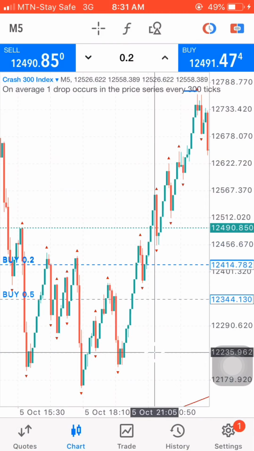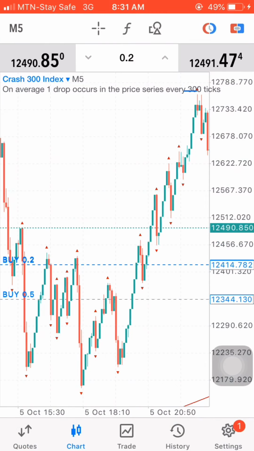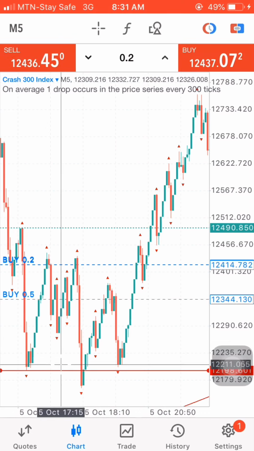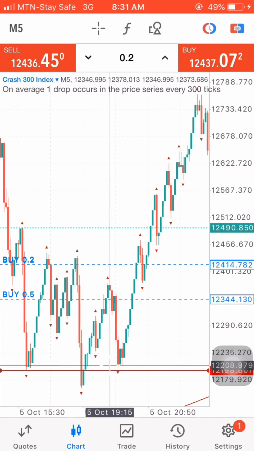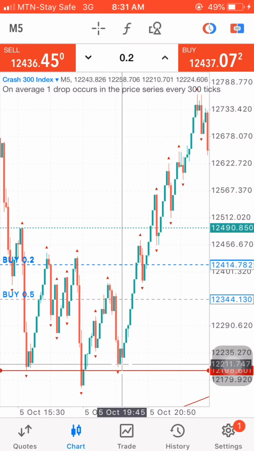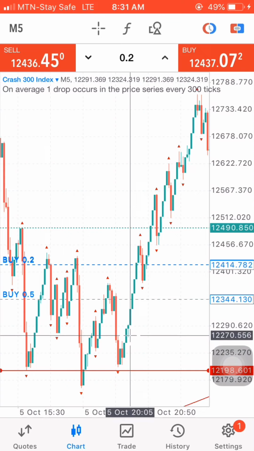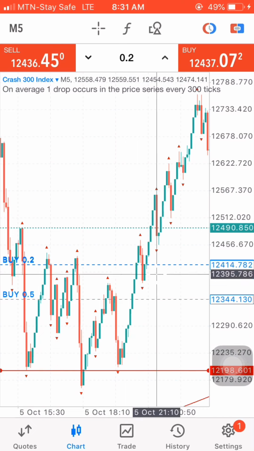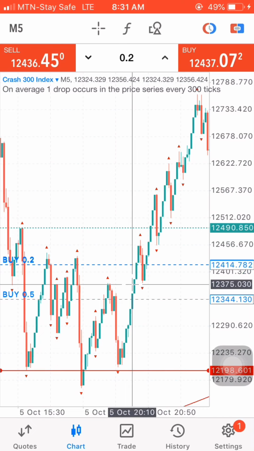Let me put a line there. Here already is like a support. So by the time you notice that the market has gotten to this level, if you're using price action, you will know it's time to look out for a buying opportunity, because anytime the market gets here, there is always a retracement back up, like the market buys.